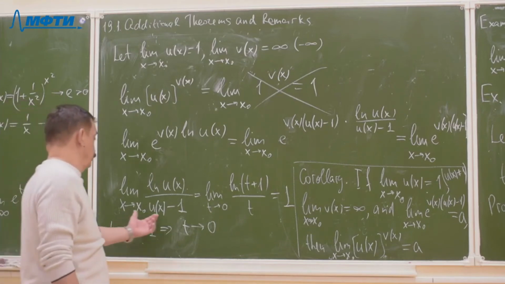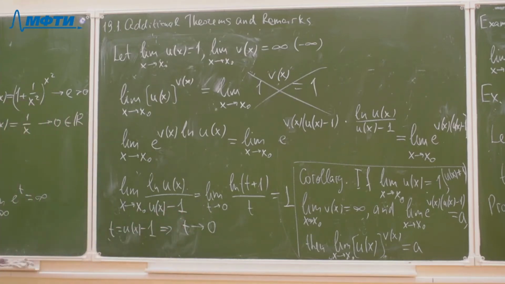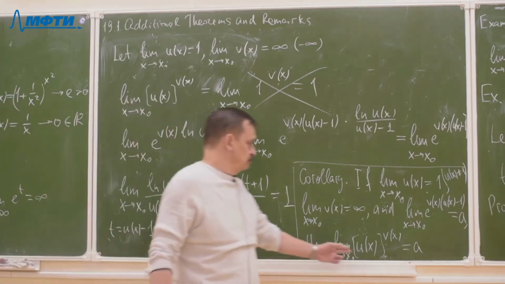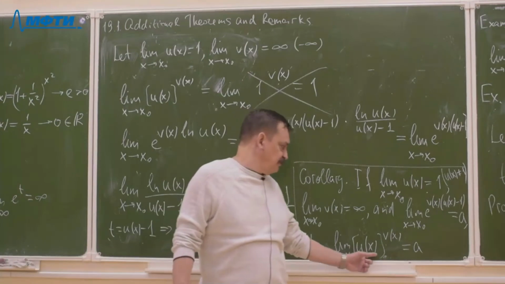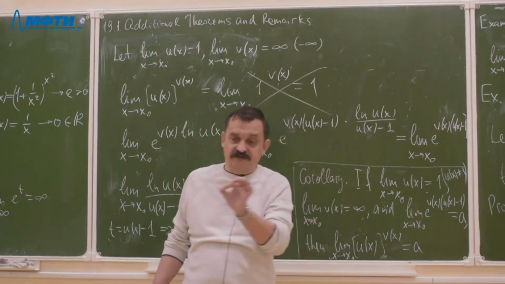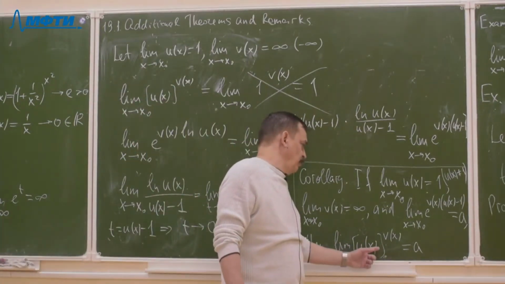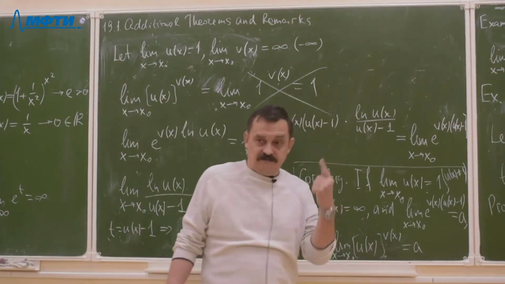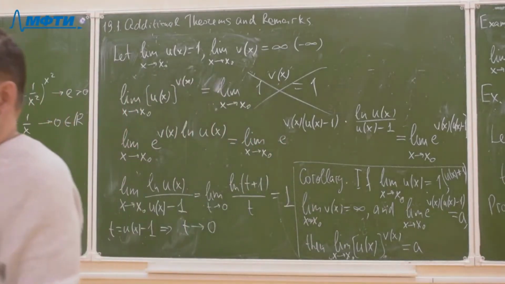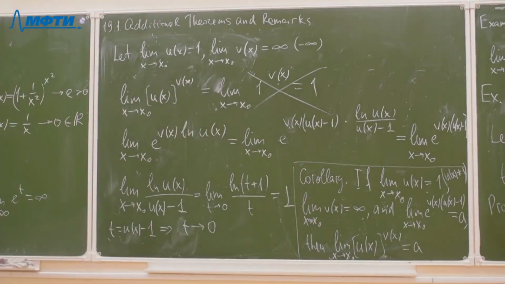U of x should be not equal to 1 in a neighborhood. Otherwise, that is different. And indeed, it will be wrong, right? Because if u of x equals 1 in an infinite sequence of points, then for that infinite sequence of points, this is 1. Hence, that is wrong. Okay. That is the corollary.